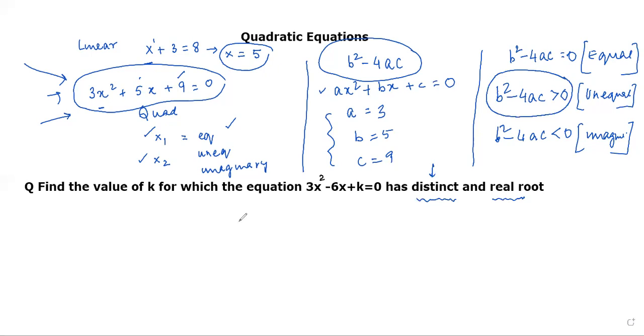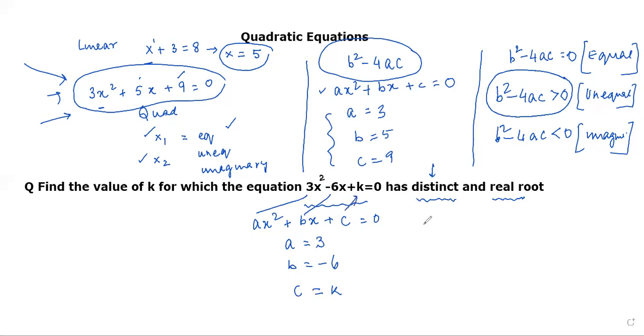So my first step is that I will compare this equation with the generic form ax square plus bx plus c equal to 0. And I will find the values of a, which is 3 in this case, b, which is minus 6, and c is k, right?